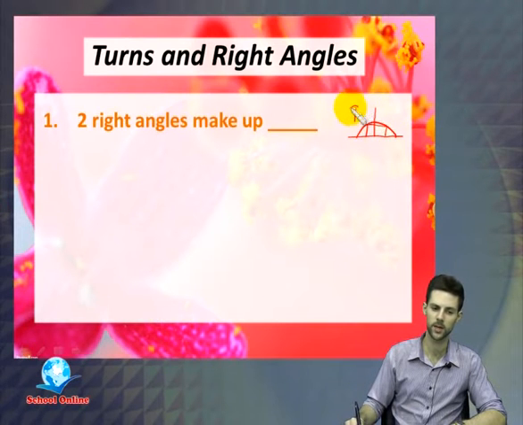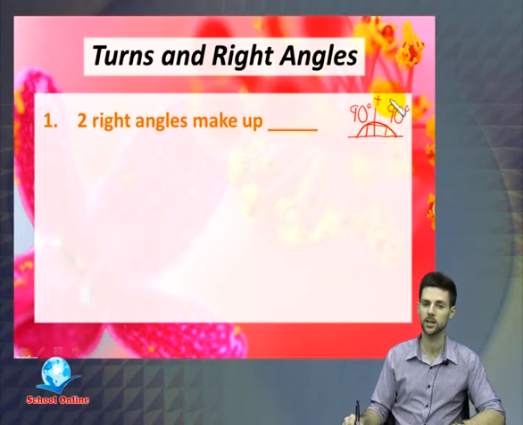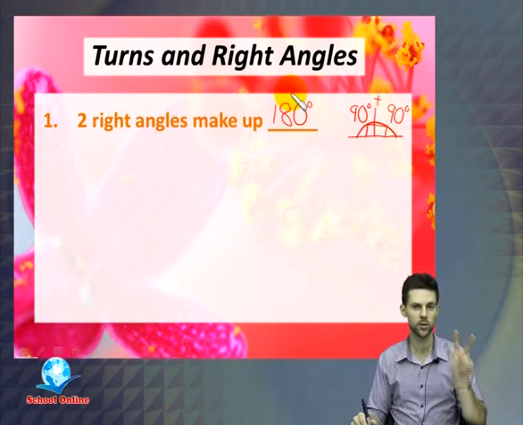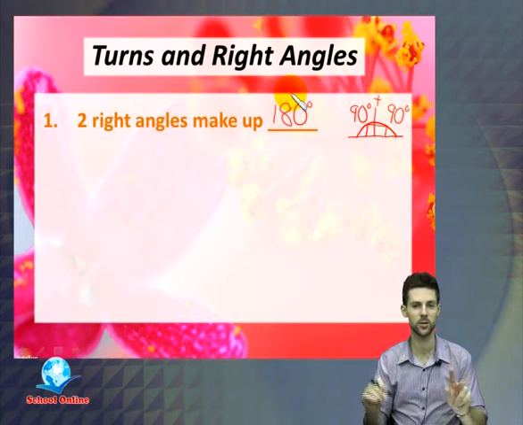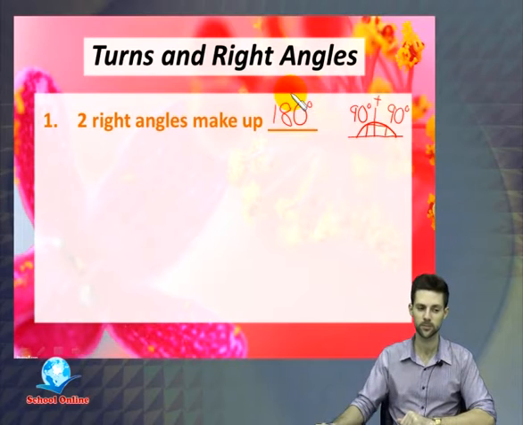Well, we have one right angle measuring 90 degrees, another measuring 90 degrees. 90 plus 90 equals 180 degrees. So 2 right angles, 2 times 90 degrees equals 180 degrees.